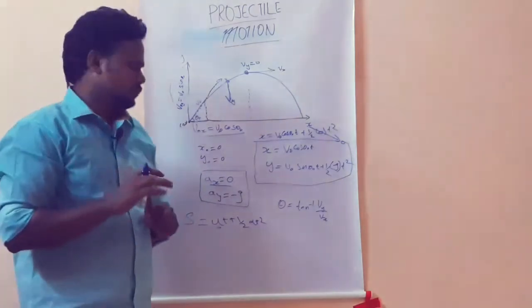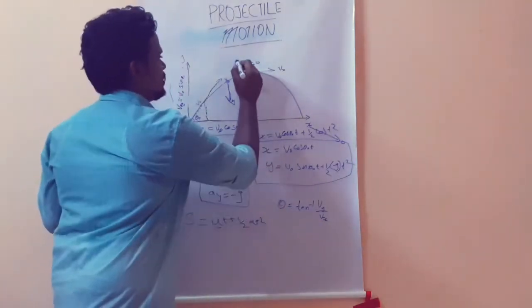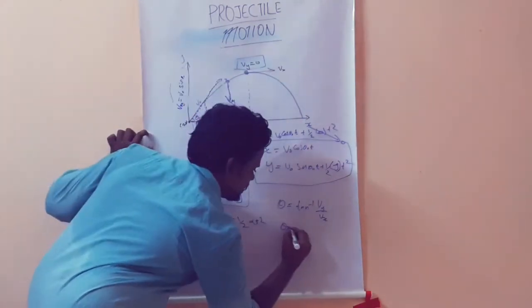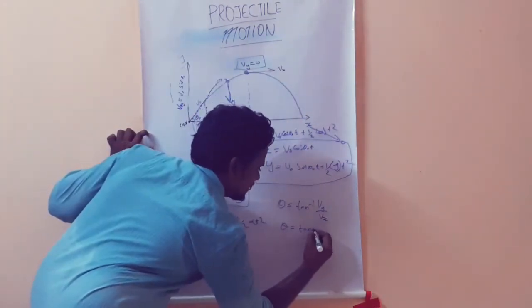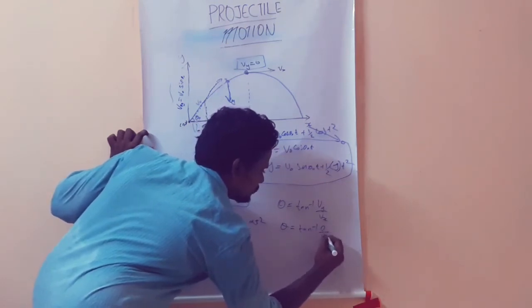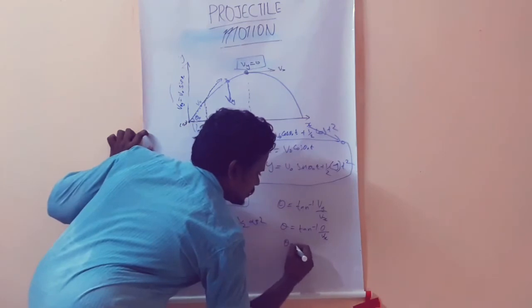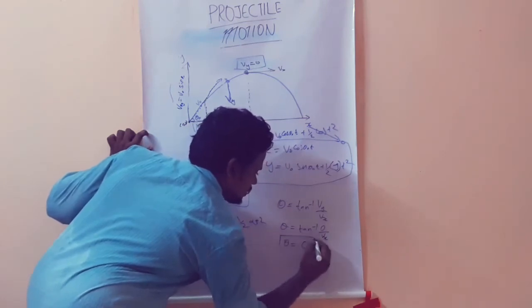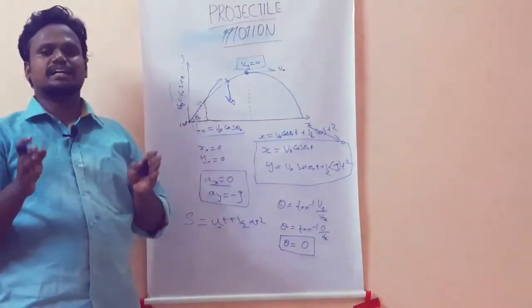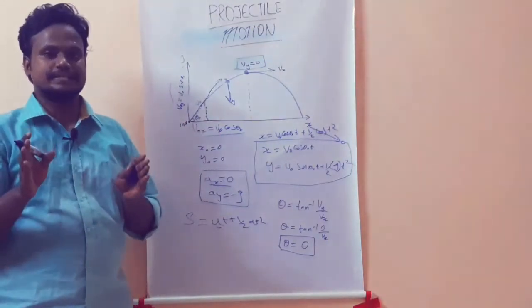Therefore, in this equation, we put Vy equal to 0 at maximum height. Then we will get tan theta equal to tan inverse of 0 by Vx, and then theta equal to 0. From this also, we can verify that at maximum height, the angle of projection is going to be 0.